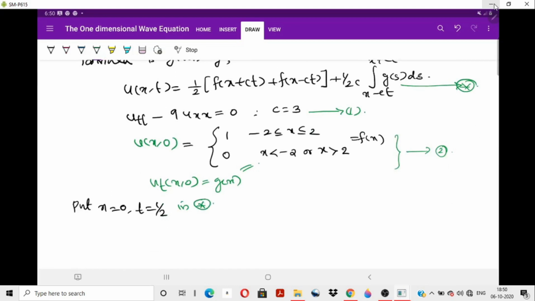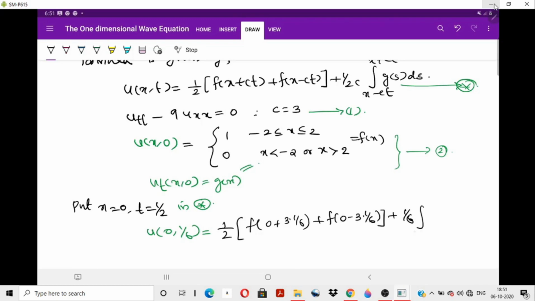The star equation becomes u(0, 1/6) equals 1/2 times [f(0 + 3 times 1/6) plus f(0 - 3 times 1/6)] plus 1/(2 times 3), that is 1/6, times the integral from x-ct to x+ct of g(s) ds.